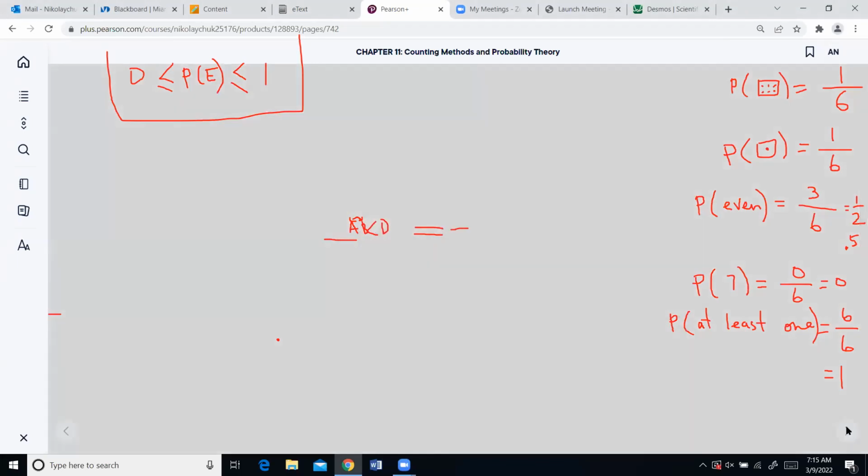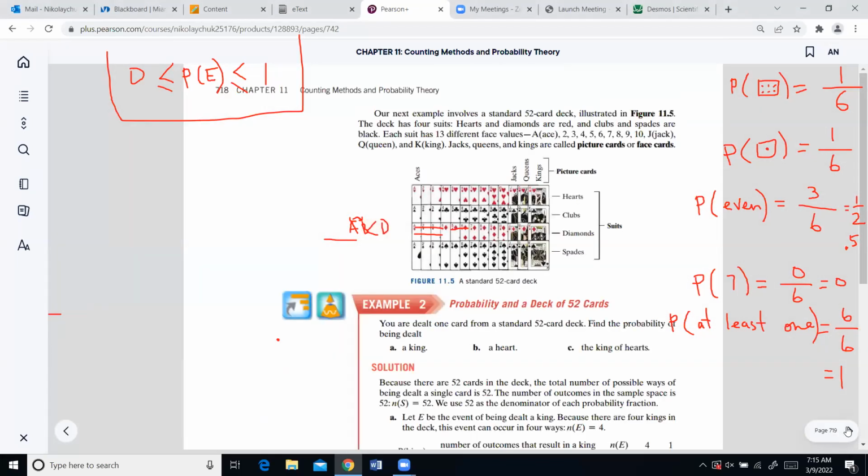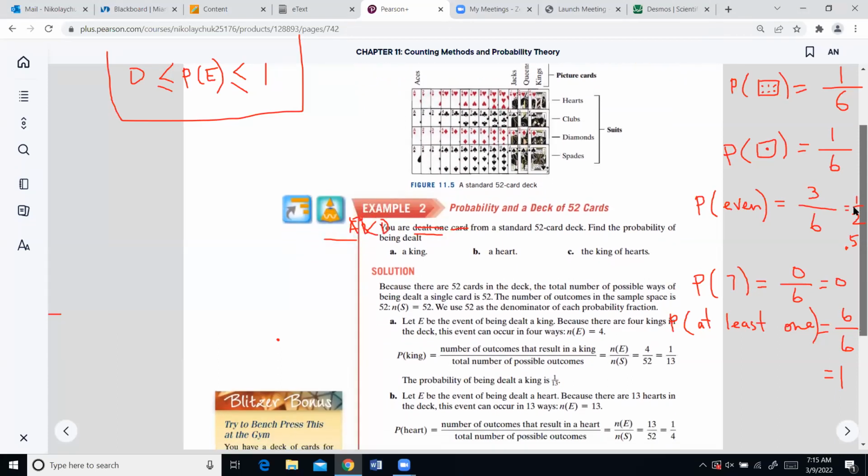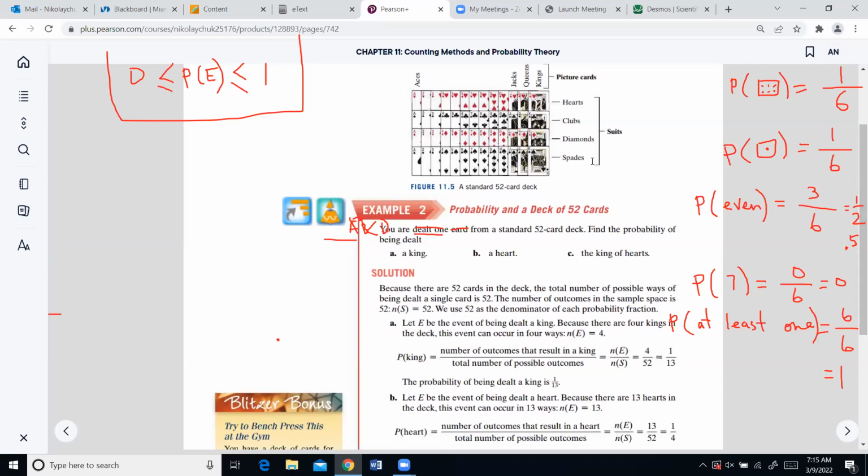And they're talking about various examples in here with those little playing cards. They made a nice picture here. You can look at this. So we can look at the example. Probability is calculated when you have a deck of playing cards. And of course, it's important to know what is in this deck.